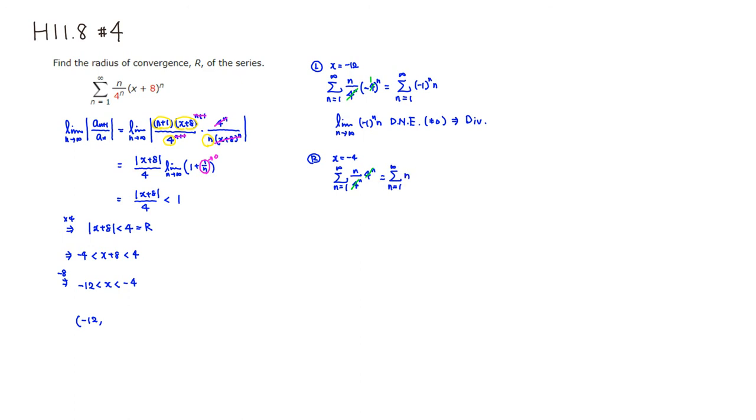Again, we can do a divergence test. Take the limit of n as n approaches infinity, which is, of course, infinity, which is not equal to 0. So therefore, it's going to diverge, so negative 4 is not included. So it's an open interval from negative 12 to negative 4.